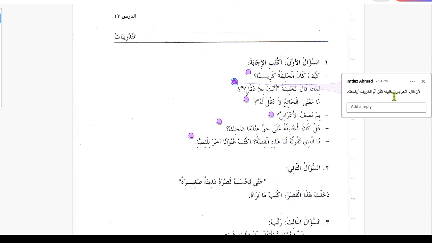So then the Bedouin responded that you are getting upset about it, as if his mother breastfed you. So then at that point the caliph was angry, and this is what he said, anta bila aqlin.